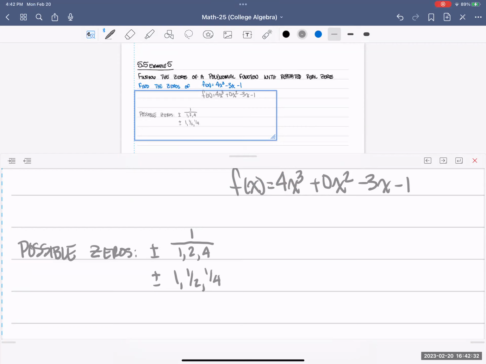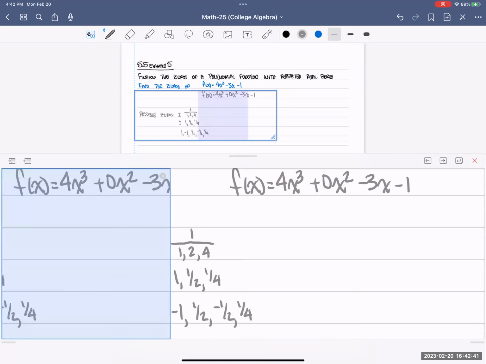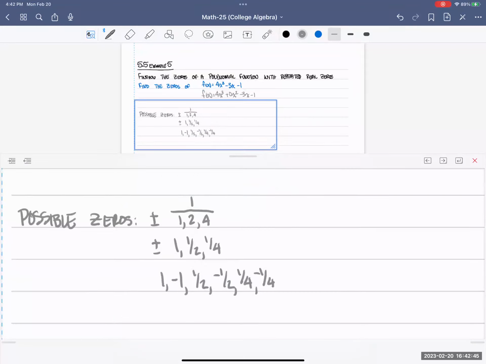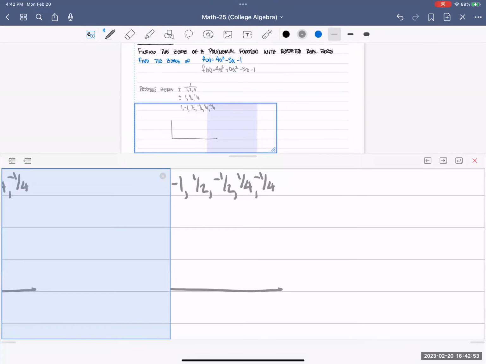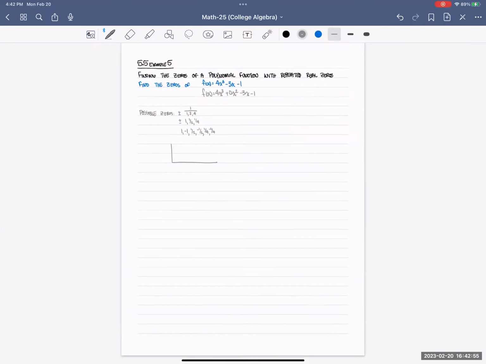So we have 1 and negative 1, 1/2 and negative 1/2, 1/4 and negative 1/4. And now we can get started with our synthetic division. We have a representative for each of the terms now, so we can just plug in our values.